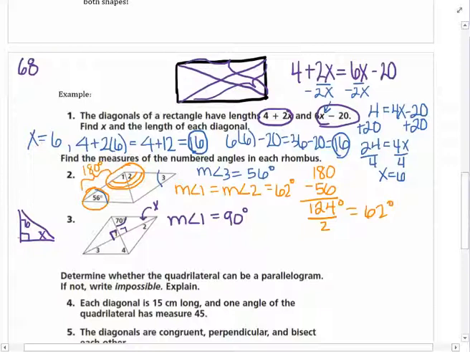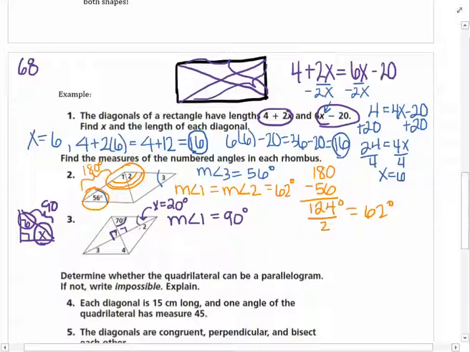But in a right triangle, the two angles that are not the right angle would be complementary. They'd add up to 90. And that's because you could just take that right angle, the 90, away from 180. Just a shortcut. So complementary, 70 and 20 add up to 90, so that's x.